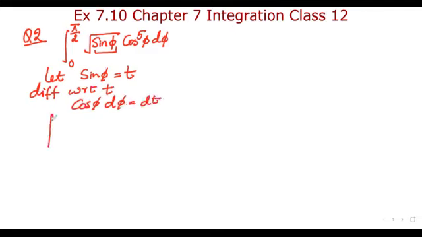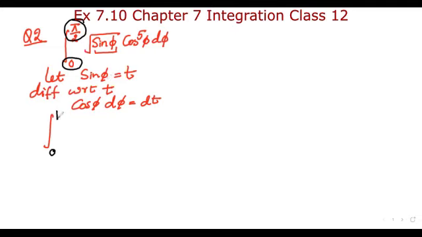As I told you in the previous question also, these values which are given in the question here are the values of phi. But when I'm substituting, these will be the values of t. So if I put phi as 0, sine 0 is 0. If I put phi as pi by 2, sine pi by 2 is 1.